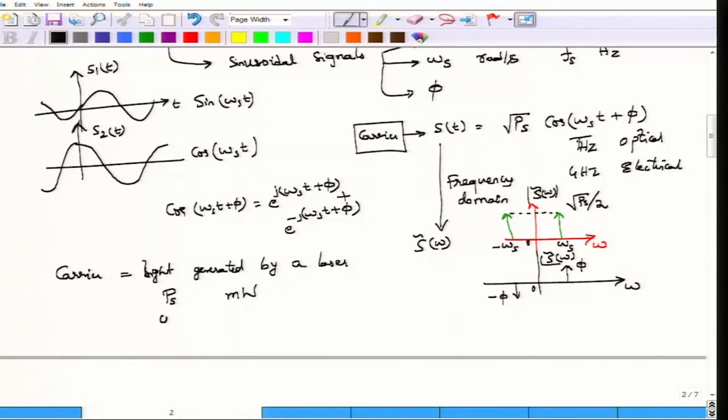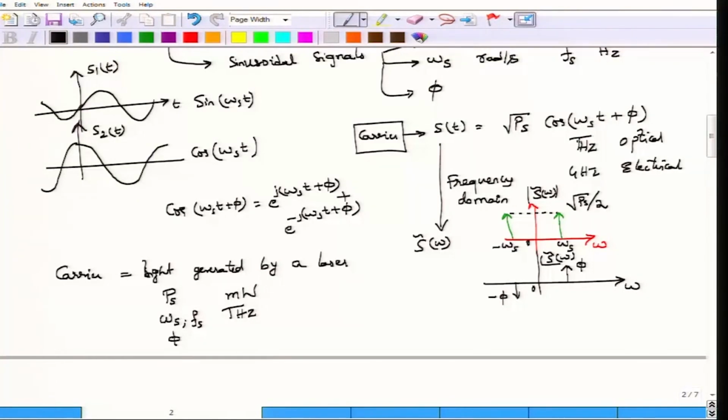It is also characterized by its frequency ωs, which as I said would be in some terahertz, or rather the corresponding frequency fs will be in terahertz. And this is also characterized by a certain phase φ. This is a single frequency optical signal.